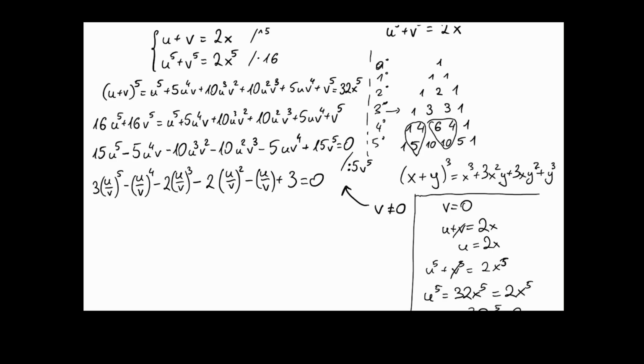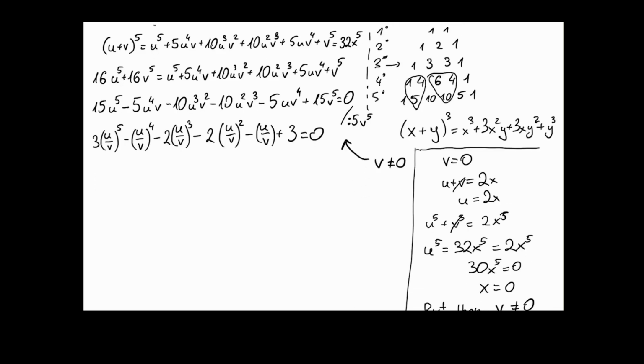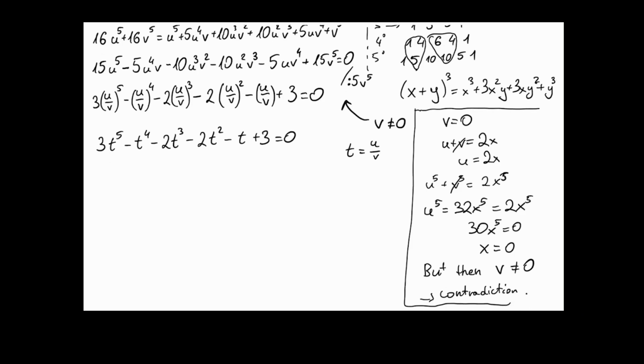Then maybe for simplicity, introduce another substitution, which is, for example, t equals u over v, and then we have 3t to the 5th minus t to the 4th minus 2t cubed minus 2t squared minus t plus 3 equals 0.